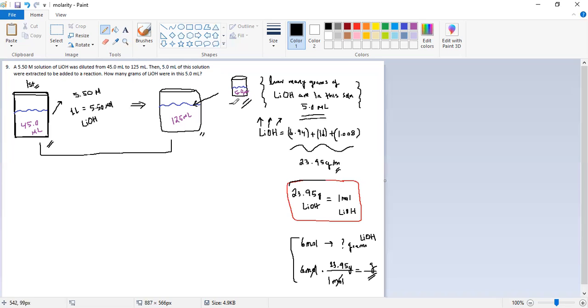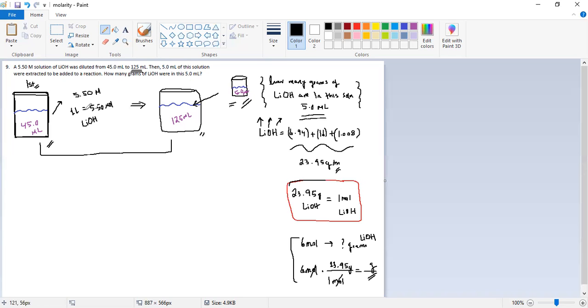But if you were to talk about this guy here, 5.0 milliliters, of course, the quantity that you want to extract, the amount of moles would actually decrease, right? So that's something also to keep in mind. So the approach is to figure out how many moles are in 125 milliliters, and then apply that conversion factor to how many moles there would be in 5 milliliters.